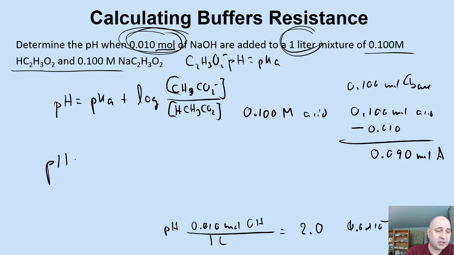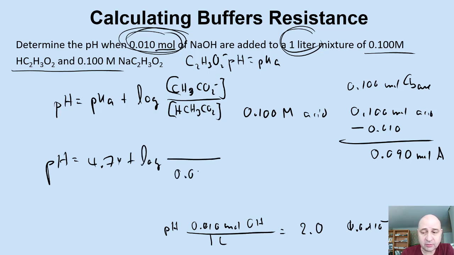So we now have the pH equal to 4.74, which is the pKa, plus a log of 0.090 moles. But by the same token, the 0.01 moles of the acid that reacted produced conjugate base. So we are seeing an increase.